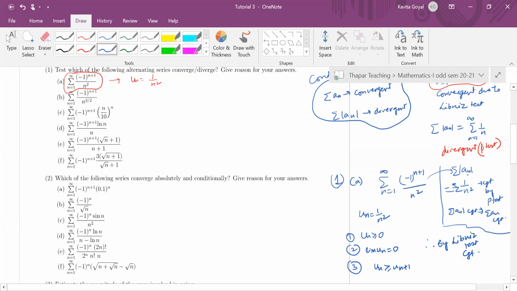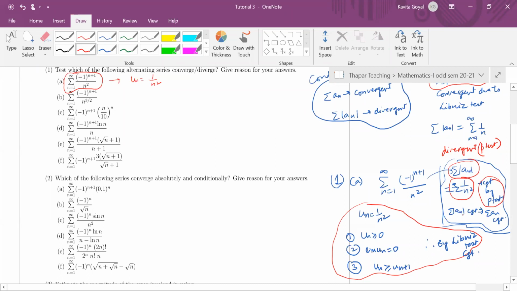So if you are going by this method, then you have to write everything. So you have two ways: either you apply Leibniz test, or you go for mod an, you'll get sigma 1 by n square, convergent by p-test, and sigma mod an convergent implies sigma an convergent. Is that okay?